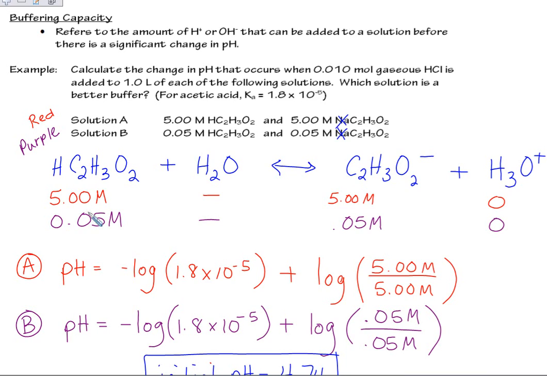A better buffer is going to have larger molarities or greater concentrations. There's just a greater buffering capacity then. I can take more hydrogen or more hydroxide without seeing a significant change in the pH.